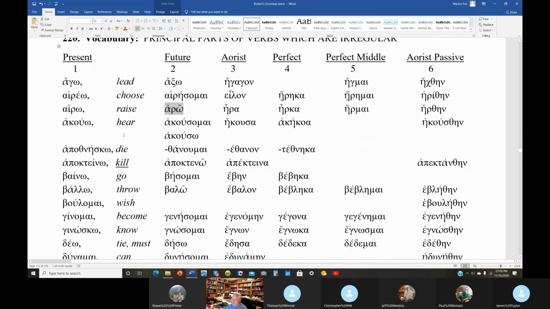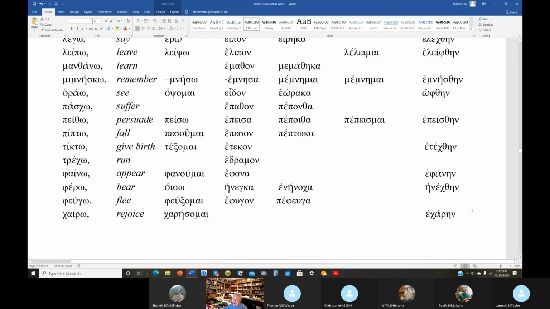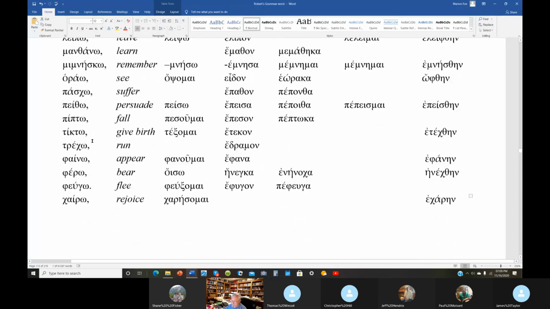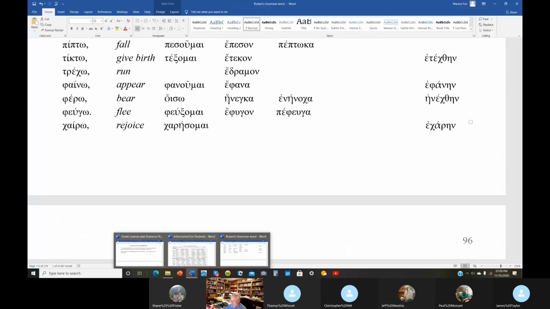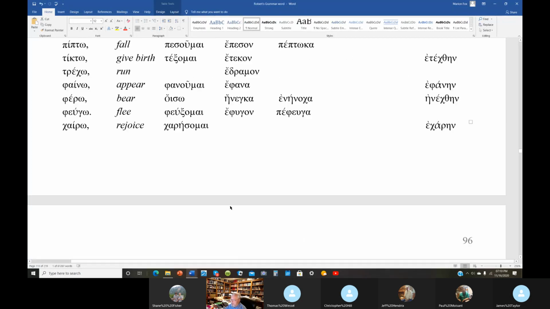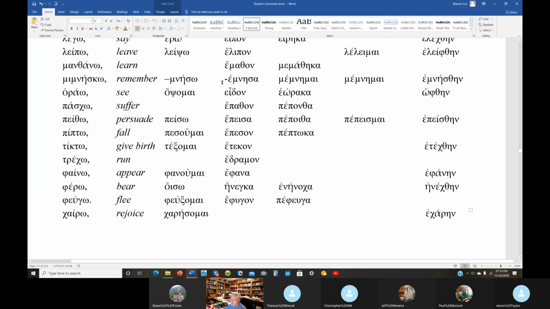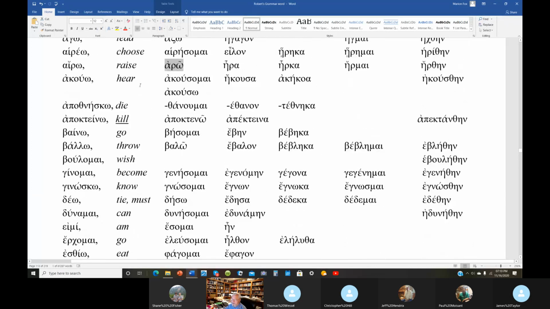I don't know about going through all of these, but you have this table here. This will show you all of them that are irregular. Now, guess what I've done in your book? In this file right here, which is Greek lexicon and grammar notes, I put all of these irregular verbs in that file.